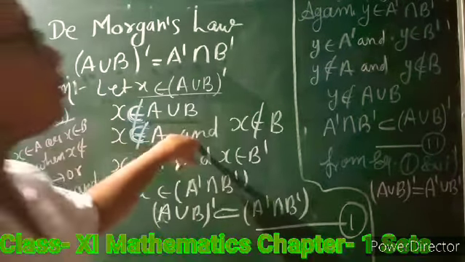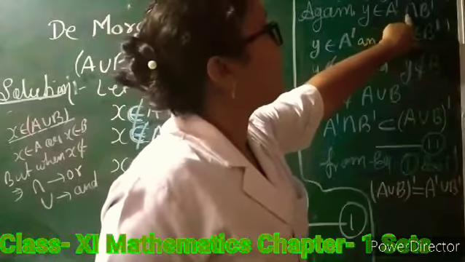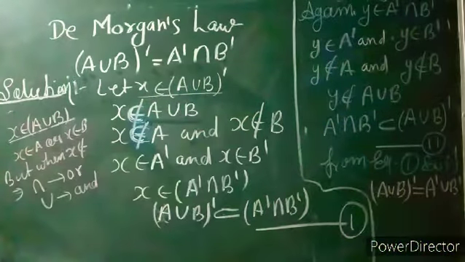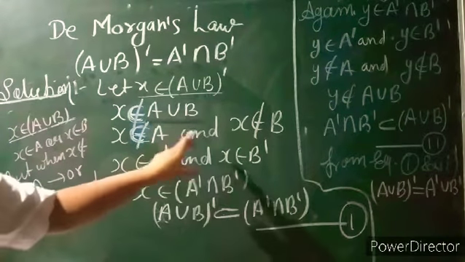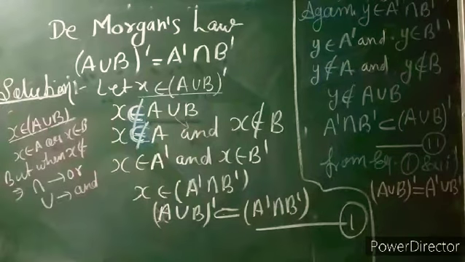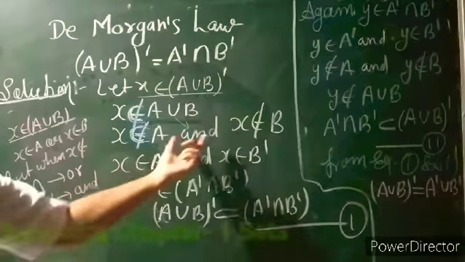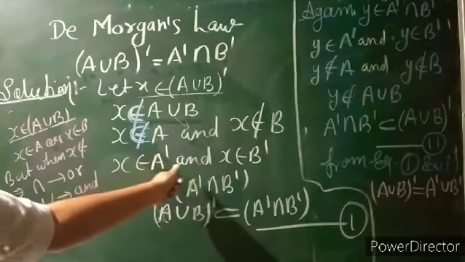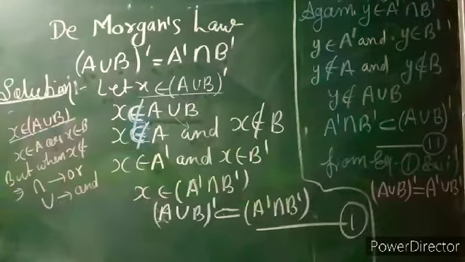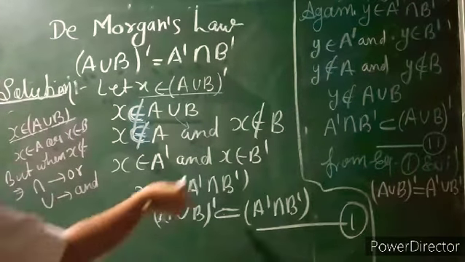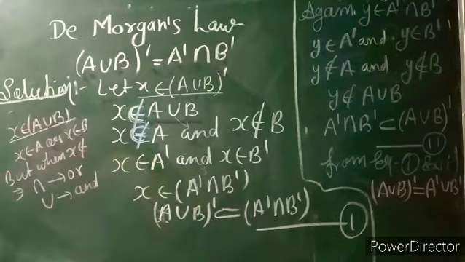And here you see, X not belong to A and X not belong to B. In place of this, we write here and. X belongs to A dash and B dash. Then we get X belongs to the complement of A intersection complement of B in place of this intersection.